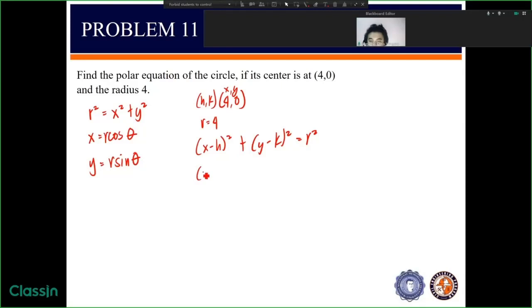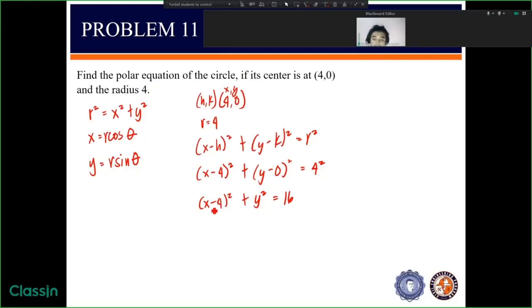We have x minus the x coordinate h, which is 4, and y minus k, the y coordinate of the center, which is 0. Then we have the radius squared. Simplifying further, we have (x minus 4) squared plus y squared, since it is 0 it becomes just y squared, and then 16. Okay? We have r squared equal to 16.